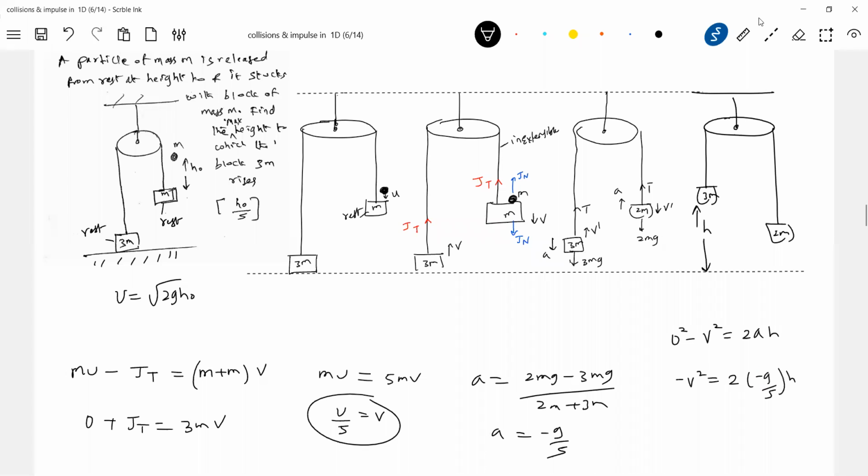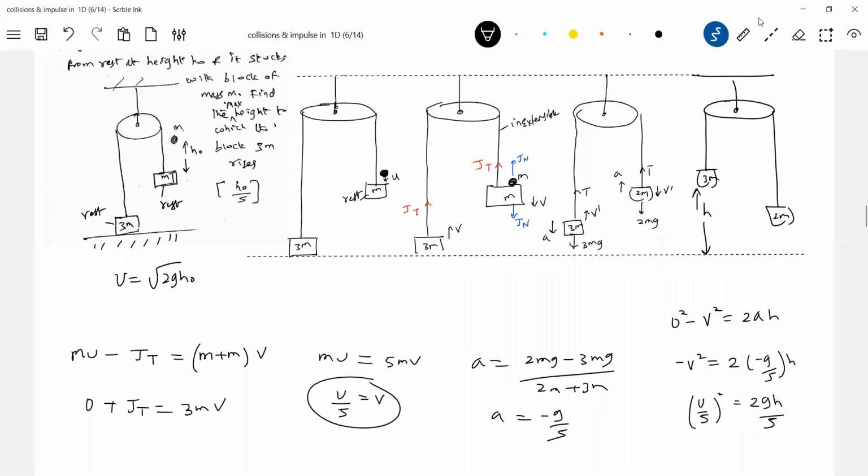What is v? u by 5. Now that will cancel out. So v square equals 2gh by 5.